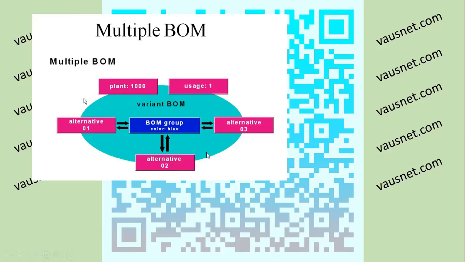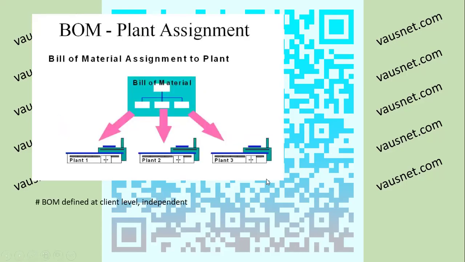So multiple BOMs can be stored and grouped together in a BOM group. So color blue will be of a different shade, this will be of a different shade, and this will be of a different shade. Plant assignment, if you talk about bills of material, are defined at the client level, company code level, and then we can assign them to various plants.